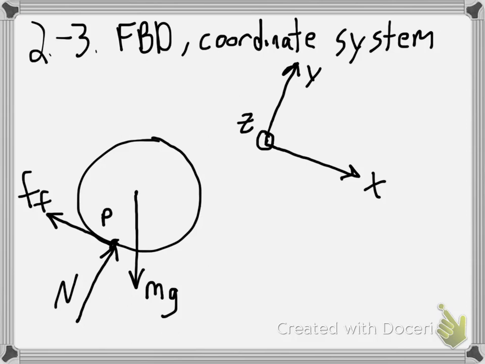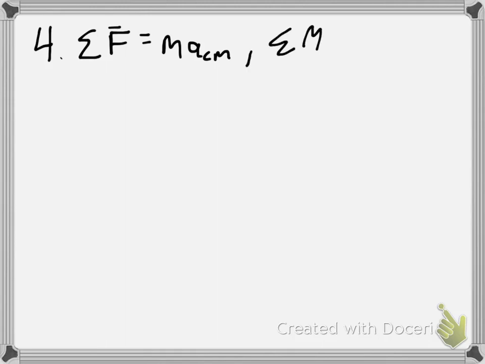Now, if I go to step 4, step 4 is sum of forces equals mass times the acceleration of the center of mass, as well as the sum of moments about the center of mass equals IZ center of mass times theta double dot. Now, looking at the X direction, which you'll have to look at your notes because it's not on the page here.